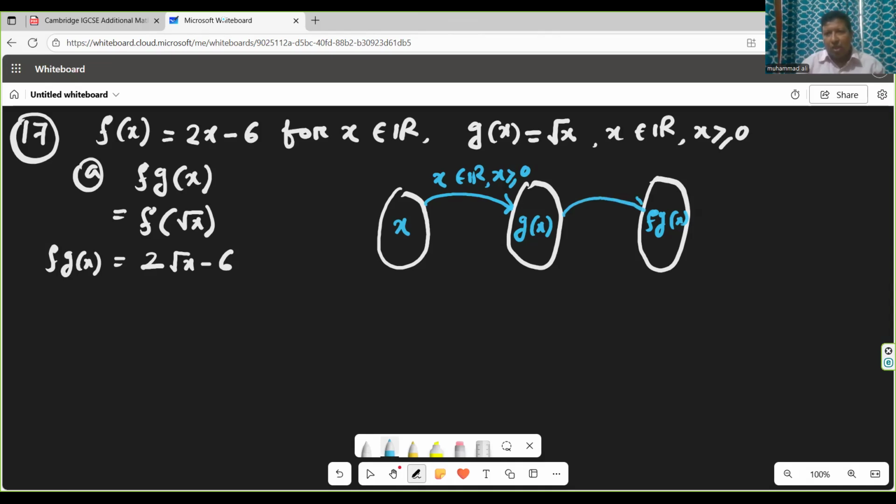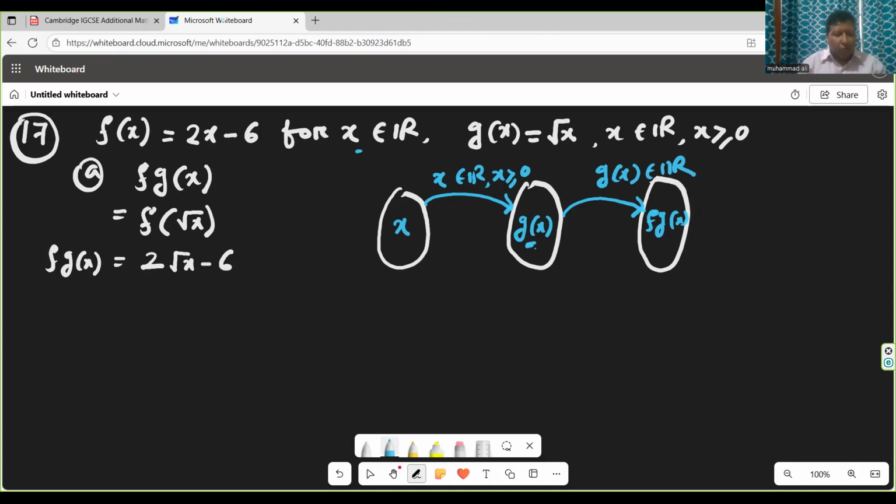When we put g(x) in the f function, here x belongs to real numbers. So the g(x) value we put in the f function belongs to real numbers.